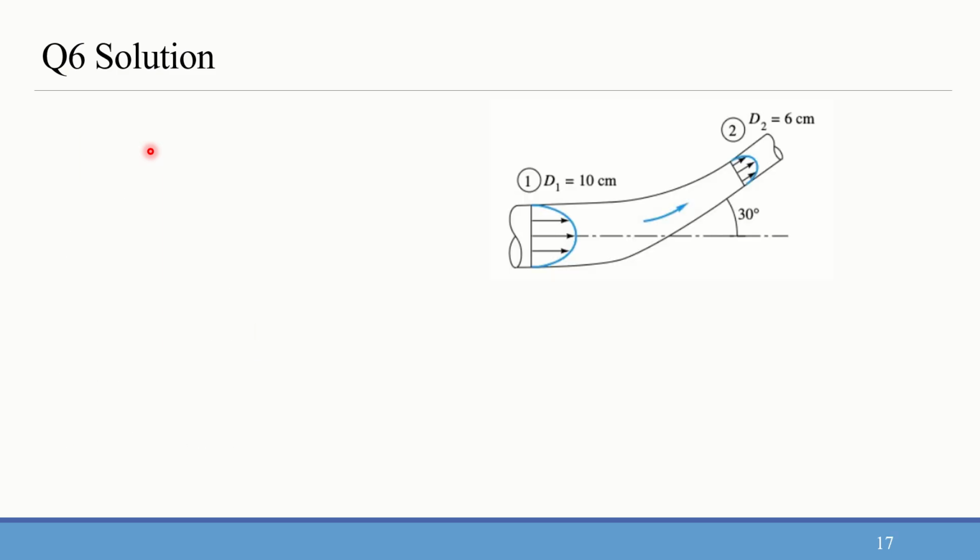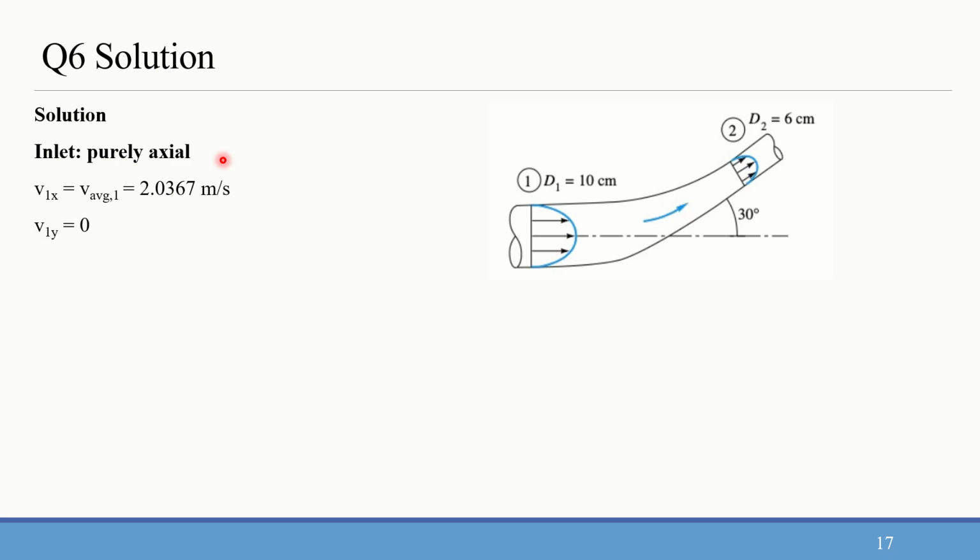Now when we talk about the solution, the inlet section is purely axial flow because it is a horizontal pipe at the inlet. If we take the components, V1x is V average 1, so it is 2.0367 meter per second, into cos 0, which is 1, so you get the entire value.